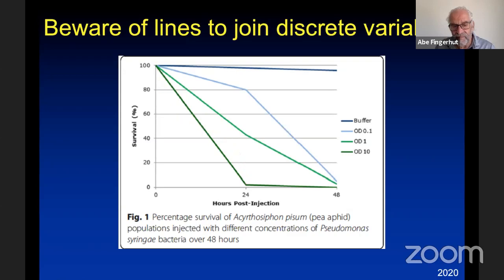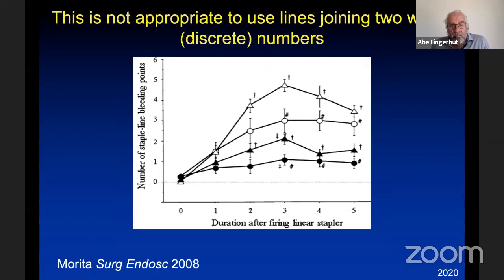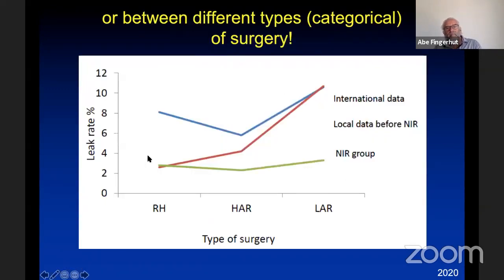Don't use it. Could have been something like this, as a matter of fact. And it might not even be appropriate. For instance, if you look at the y-axis, number of staple lines, you cannot have half a staple line. The duration is a continuous value. That's okay, but the number is not a continuous value. Make sure that they correspond. Make sure that the order is clear.